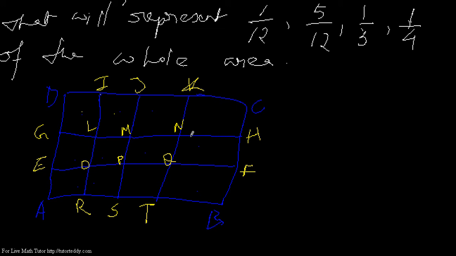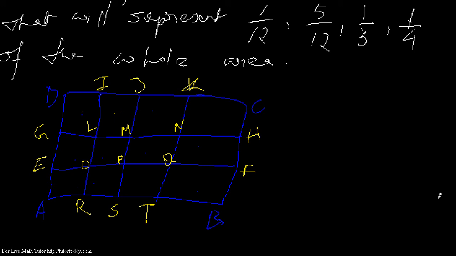If I represent them in fraction, they'll be 1 by 12, because each of these is one unit. If the total ABCD is 12 units, then each of these boxes is 1 unit. And what is 1 unit of the 12 units? That means each part of the whole area, that is 1 by 12.